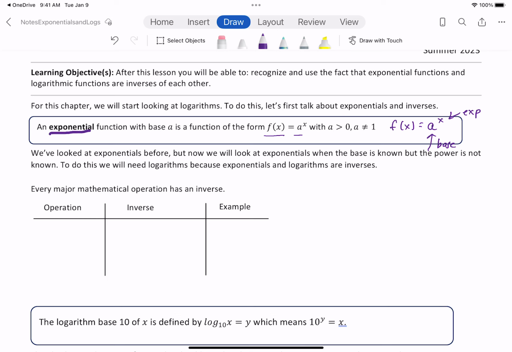Now what we're going to do is start looking at exponentials when the base is known, but the power is not known. To do this, we're going to need logarithms because exponentials and logarithms are inverses. Every major mathematical operation has an inverse, and we've talked about a lot of these before, and mostly these are done to solve equations.